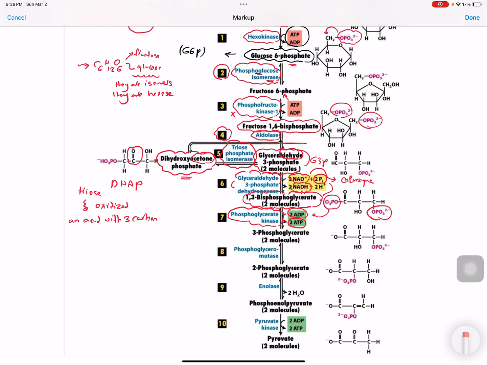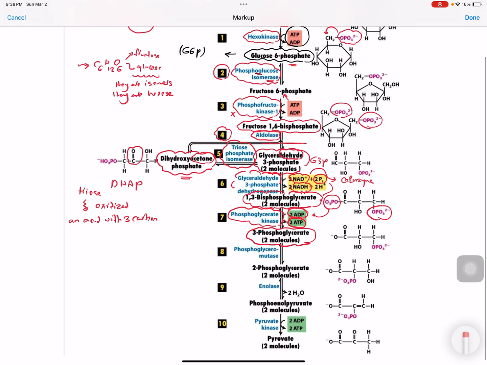So this molecule contains 3 carbon, and phosphoglycerate kinase adds 1 phosphate group to ADP for producing an ATP molecule. And in this step, 3-phosphoglycerate is produced.